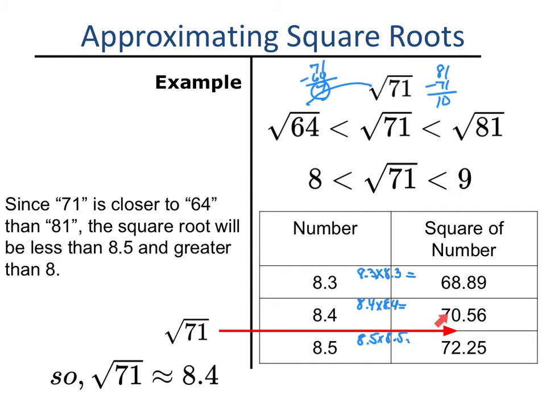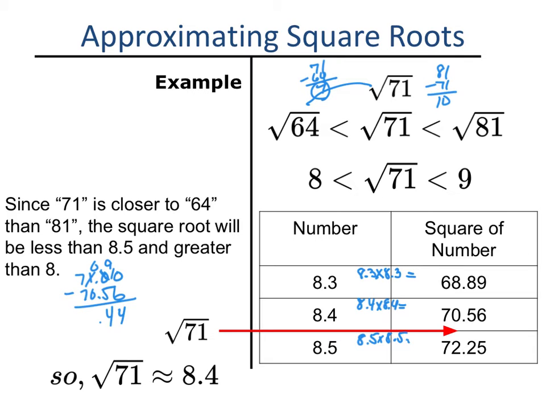Well, which one of these is closer to 71? Well, I now need to do a little bit of math. So I'm going to take 71 and I'm going to subtract the square of 8.4, which is 70.56, and the difference is going to be 44 hundredths.